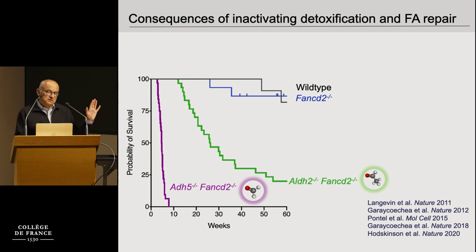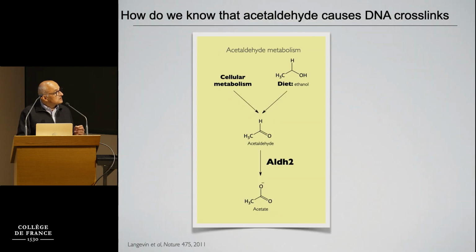But of course, this is a purely genetic argument, and it became very important for us to really test this and really prove that the aldehyde was necessary and sufficient to cause this. So turning to acetaldehyde in the first instance, we know that the body produces acetaldehyde, but much of it comes from an exercise I was involved in yesterday evening, which is the drinking of fine white wine.